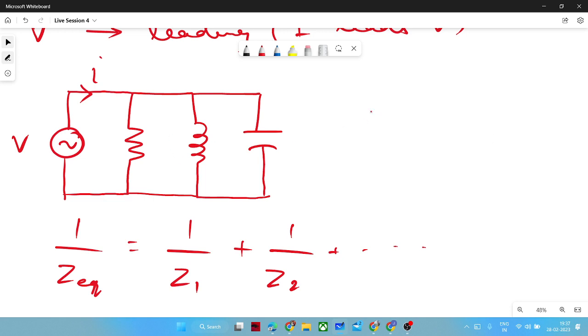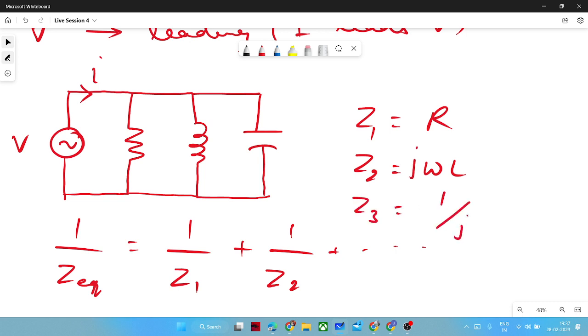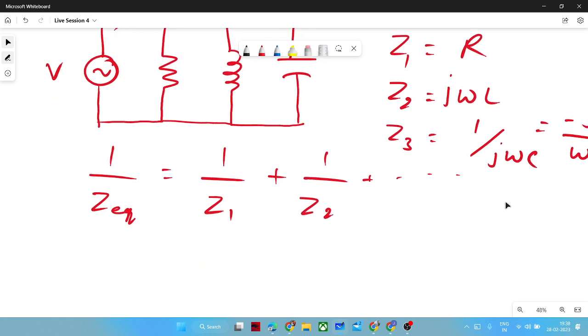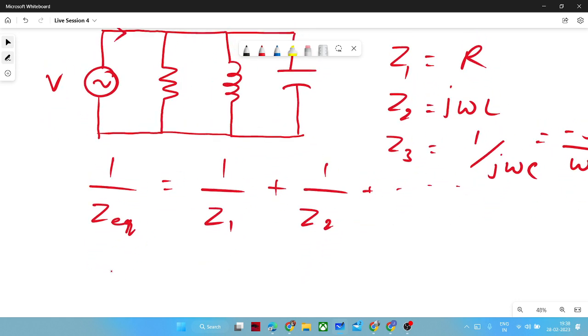So Z1 we can write as R, Z2 as j omega L, and Z3 as 1 by j omega C or minus j by omega C. Now we need to compute 1 by Z equivalent.